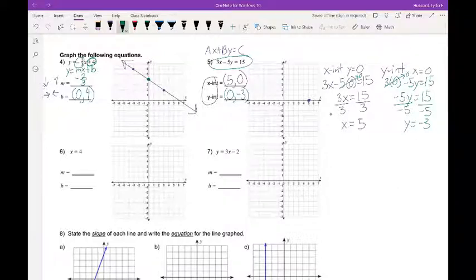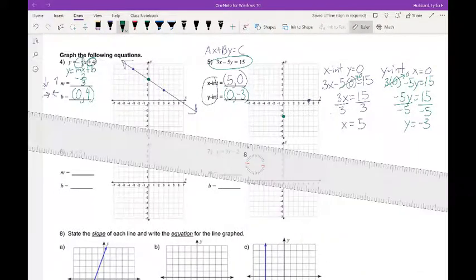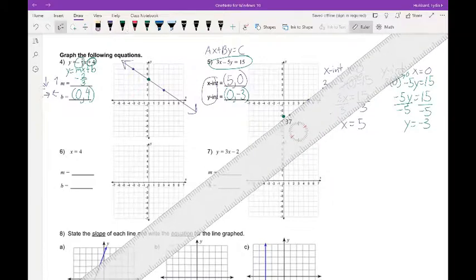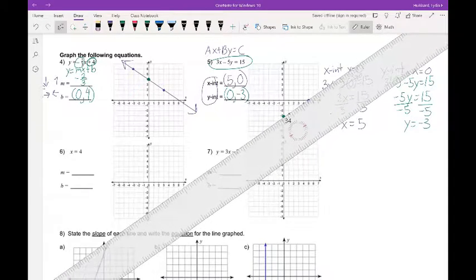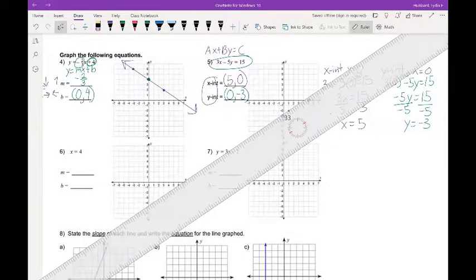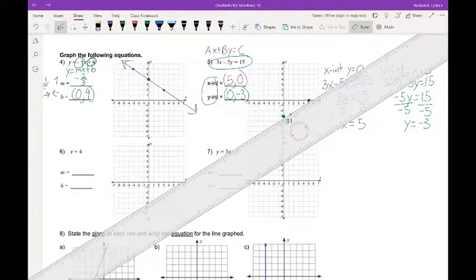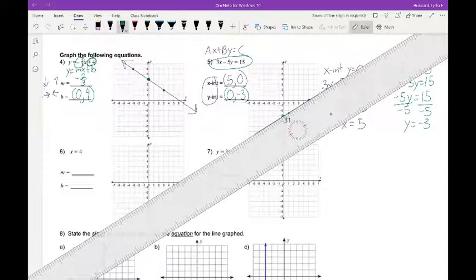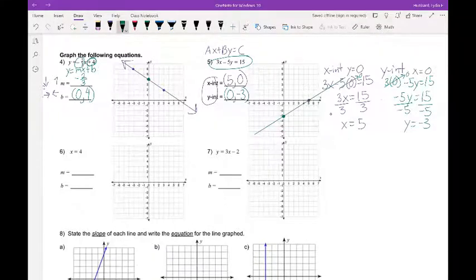So we'll plot 0, negative 3. And then once we have those two points, that is enough in order to graph. We'll connect them with a line. Sorry, I'm trying to get my ruler quite right. There it is. And so our graph should look something like that.